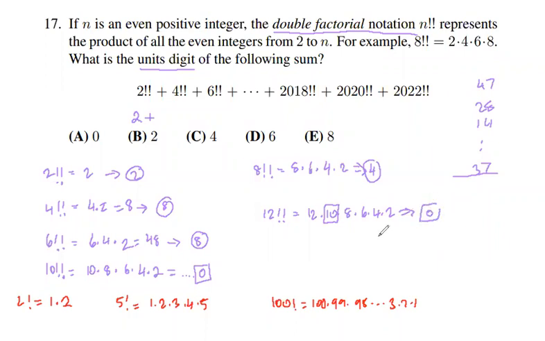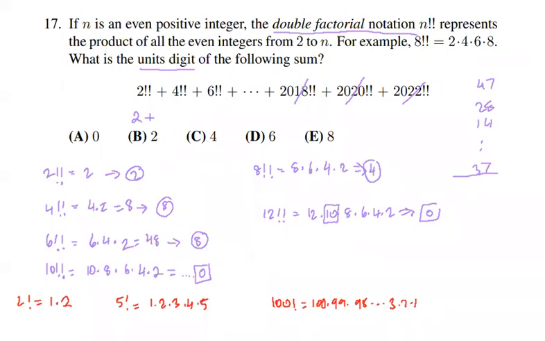So regardless of what else you have, since you have a 10 in that product, your last digit will always be a 0 for anything that is 10 double factorial or higher. That is why we don't really care about numbers like these, because all of them will have at least one 0, since you will have a 10 in that product at least once.